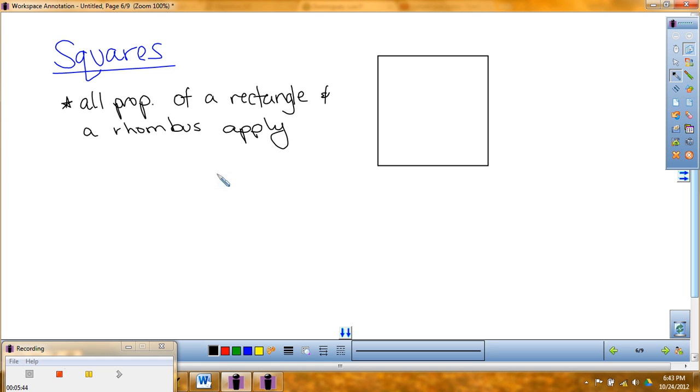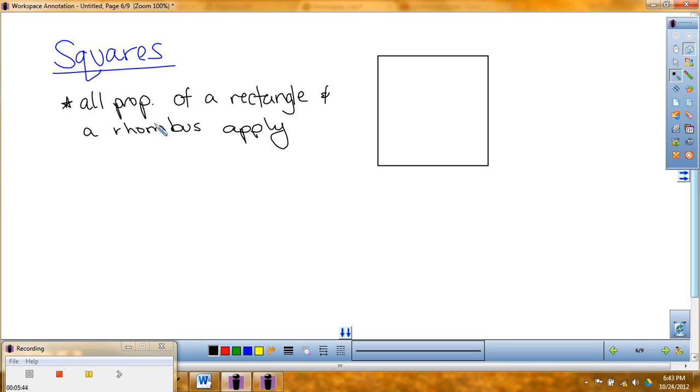Since all the properties of a parallelogram apply to a rectangle and a rhombus, technically all properties of a rectangle, a rhombus, and a parallelogram apply to squares, but we can get that through the properties of the rectangle.